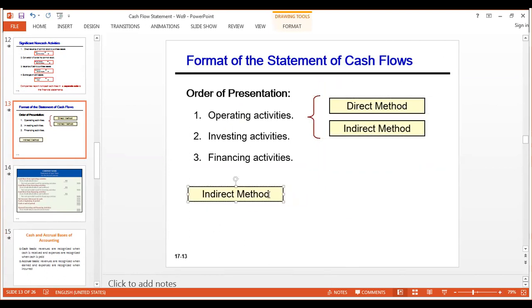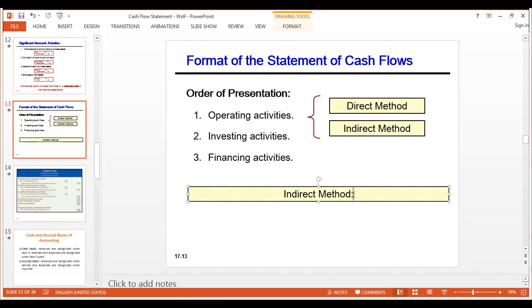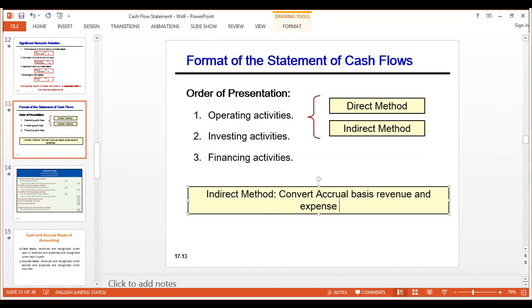Indirect method means convert accrual basis revenue and expense to the cash basis revenue and expense.